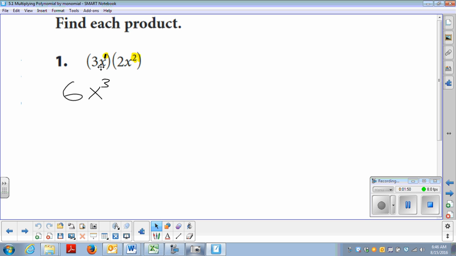So here I have x to the 1. It wasn't a 1 there, but if there's no exponent, you can put a 1. I have x to the 1. 1 plus 2 is 3, so I have x to the 3. And that's the answer for number 1.